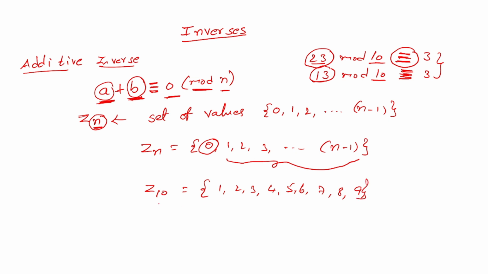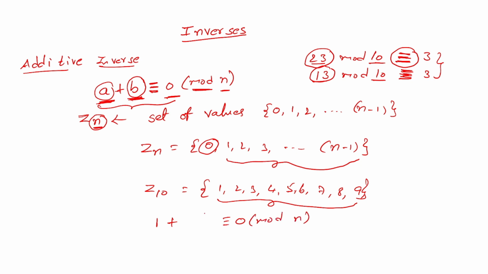Okay, all the values except 0 contain additive inverses. According to this formula, if you take 1 plus which value is equal to 0 mod n?